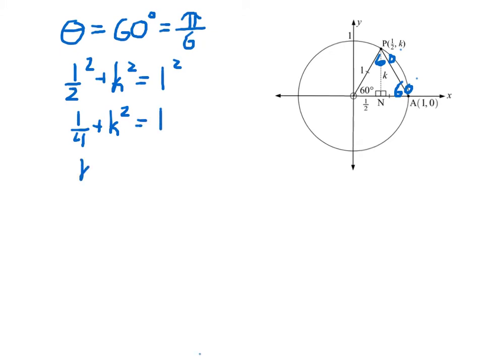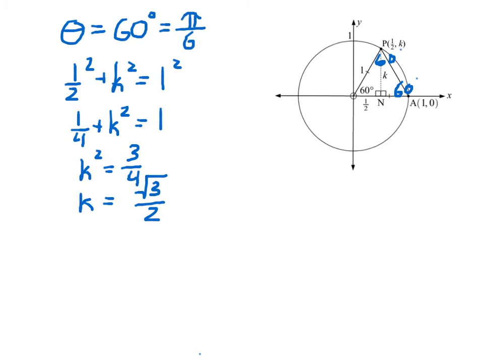Therefore, k squared is equal to 3/4, and k is equal to the square root of 3 over 2. And again, remember, I'm only considering the positive answer because I'm in the first quadrant here. And the y-coordinate is positive in the first quadrant.